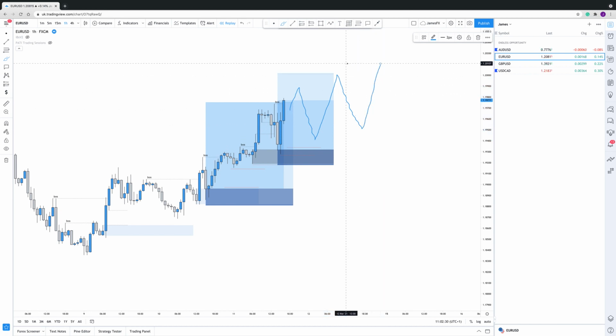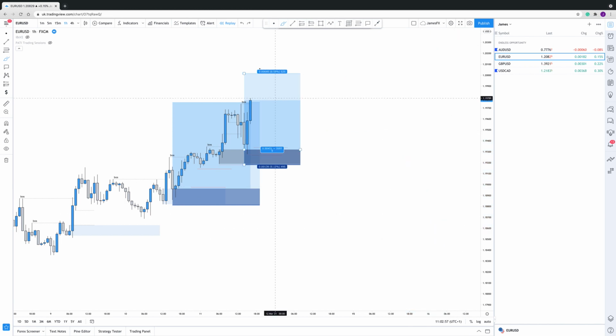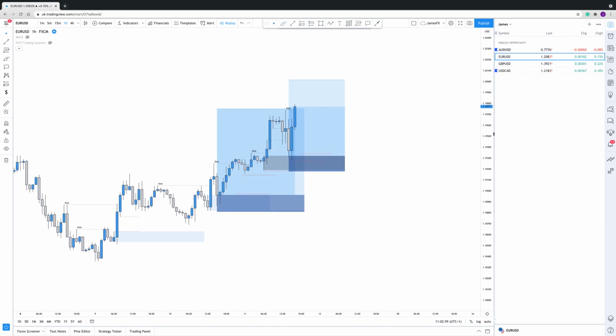Now if we keep seeing this, and we want to keep seeing this, if we are to see price push down, excuse the drawing, below this higher low, then the expected order flow comes to an end, and we can see price start to sell off. But let's keep going and see what we get.